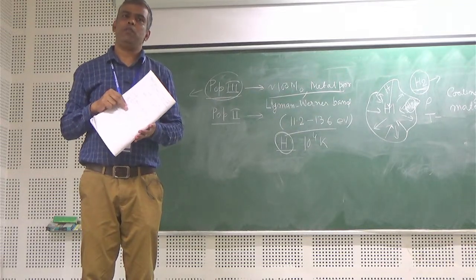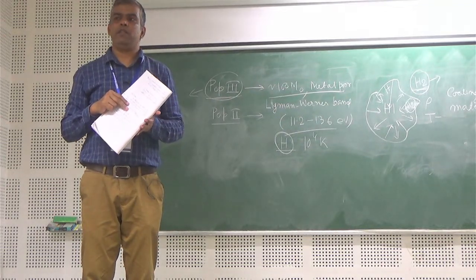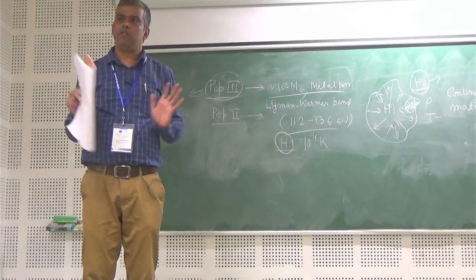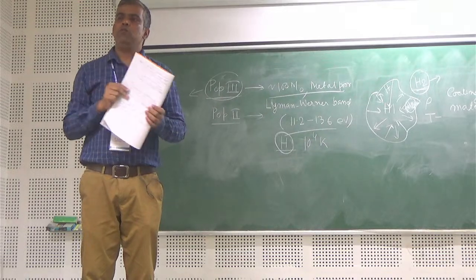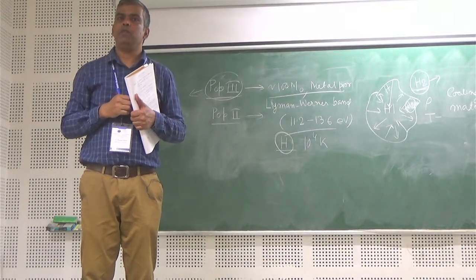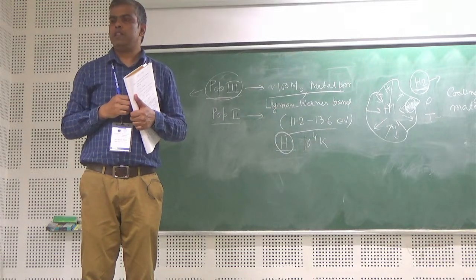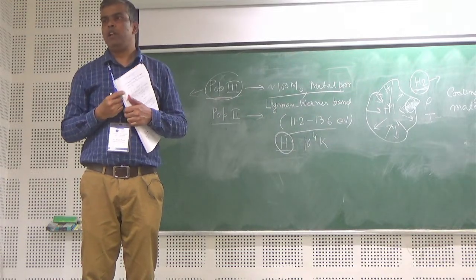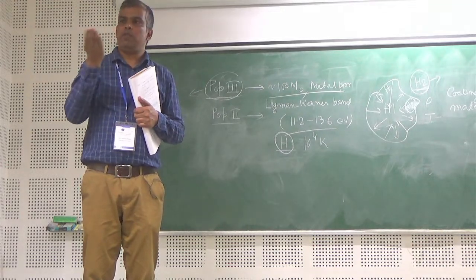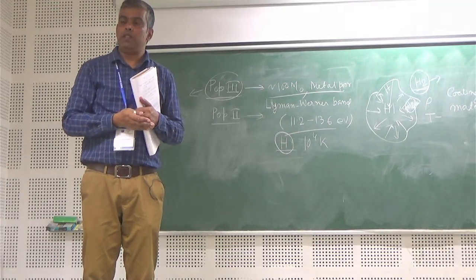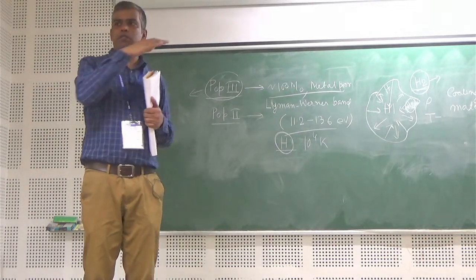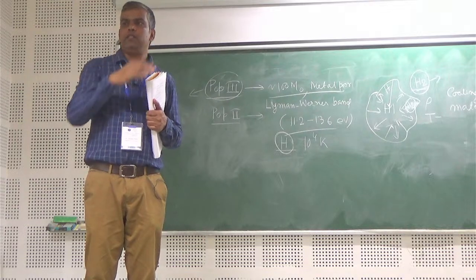They were formed very early and after that they are all gone. We have calculated how long they can survive. Maybe in the next class, during the tutorial, I will show you some plots of how population 3 star formation rate decreases with decreasing redshift, and population 2 star formation rate increases.